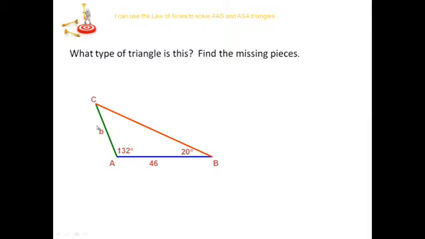So what type of triangle is this? Let's find the missing pieces. Well, I have angle, the side included between them, and angle. So this is an ASA triangle. We can solve ASA triangles using law of sines. So let's do it.